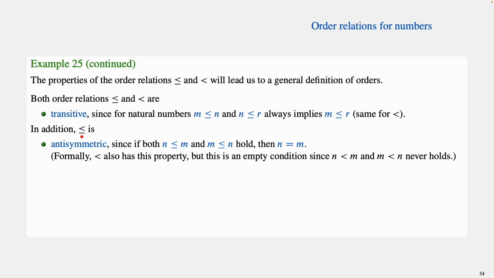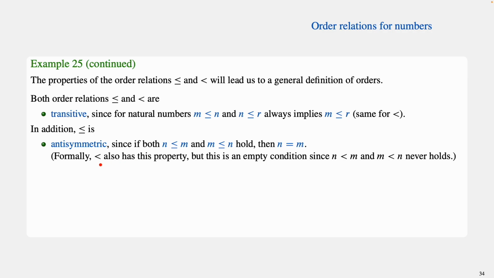In addition, the less or equal relation is anti-symmetric, since if we have both that n is less or equal to m and m is less or equal to n, then we must have n being equal to m.